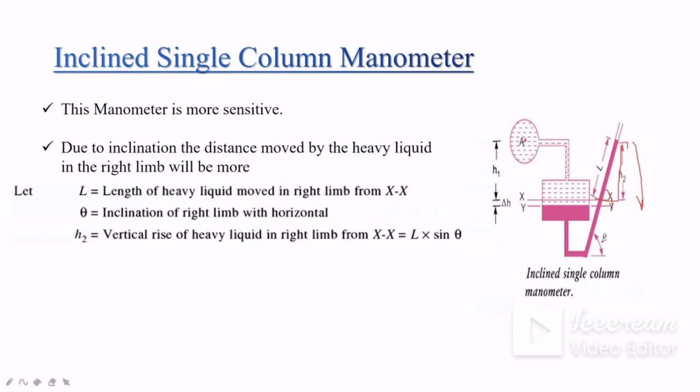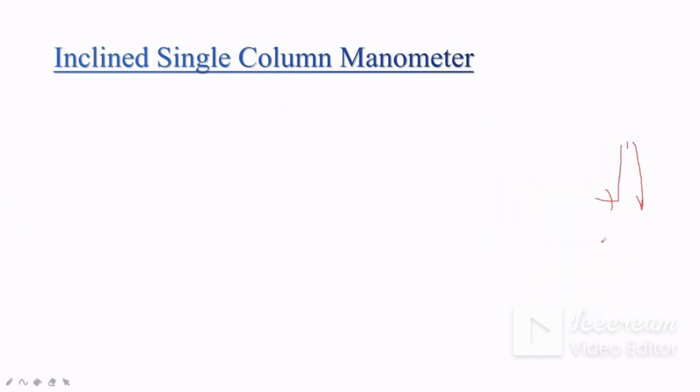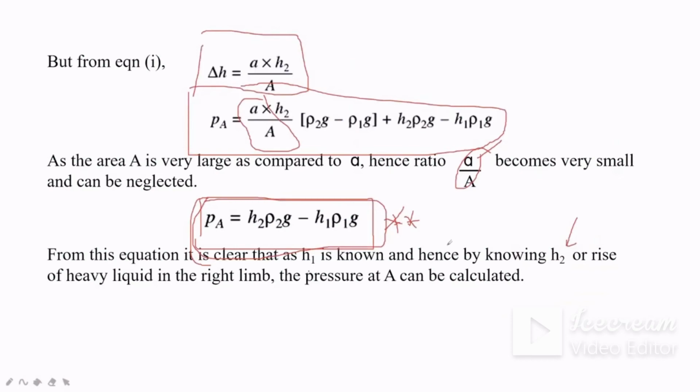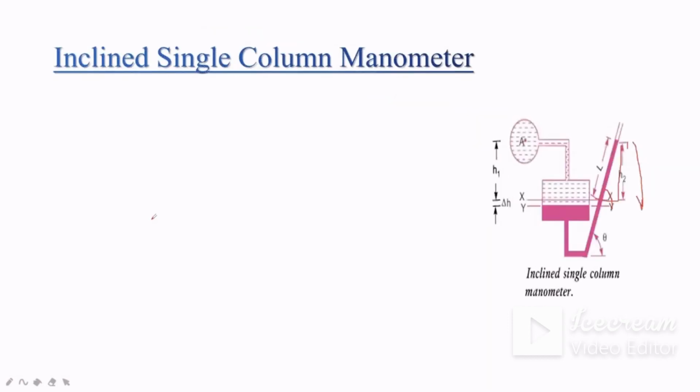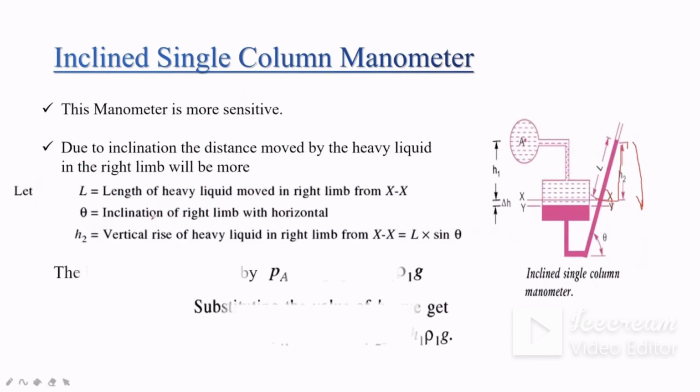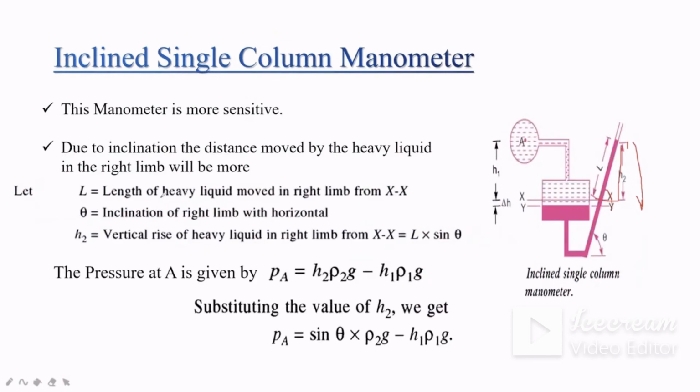From the equation for the vertical single column manometer, in the place of H2, if we substitute what we got here for the inclined case, we will get the value for the inclined single column manometer. So the pressure at A is given by this. We have already defined the terms we have to use.